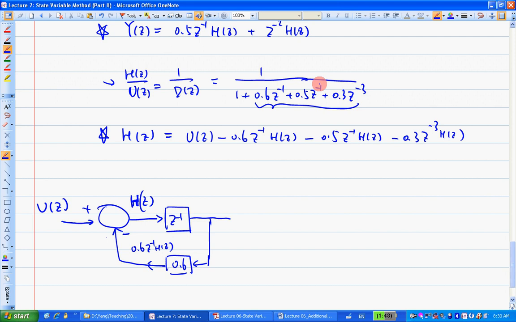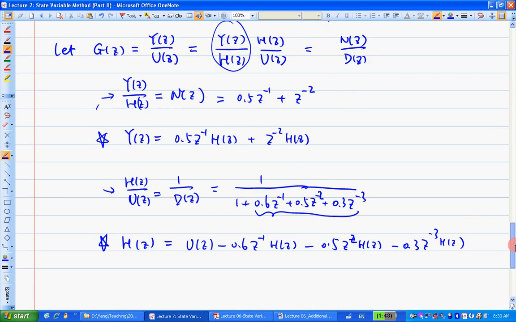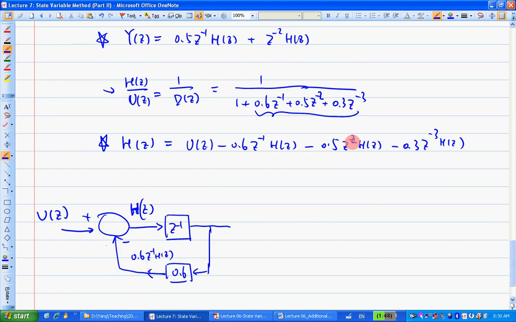This is -2 here, because here is 0.5 z^-2. Is that good? Yeah. Let's keep going.